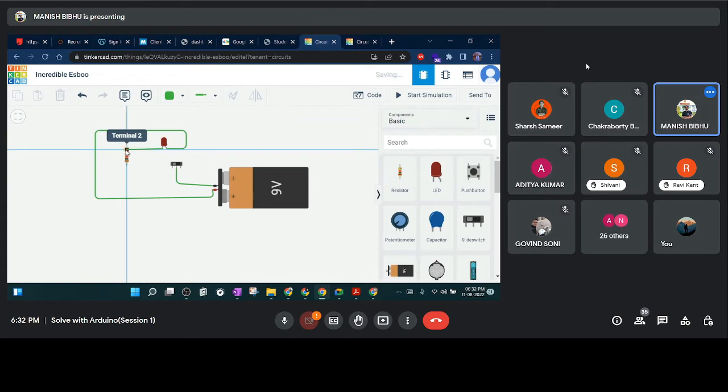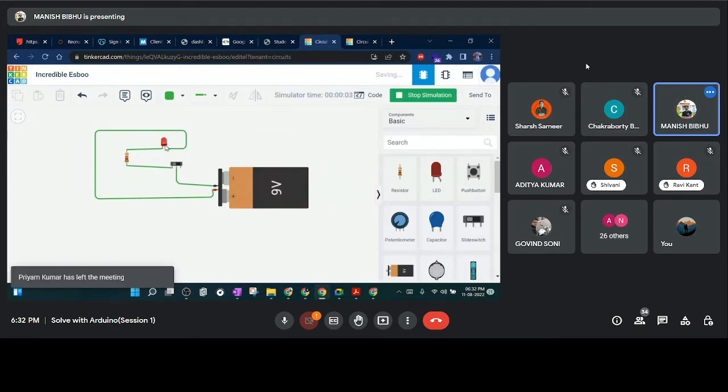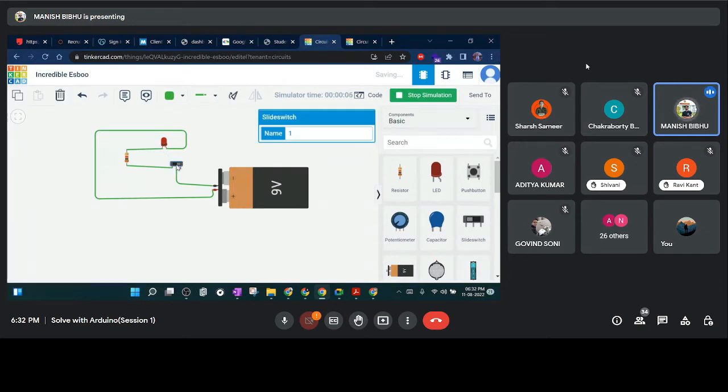See, here is 1k ohm resistance, so the LED doesn't get damaged. But if we reduce the resistance value to 50 ohm, now see, it will get damaged. Basically we have to use a resistance value that provides less than 20 milliampere current.